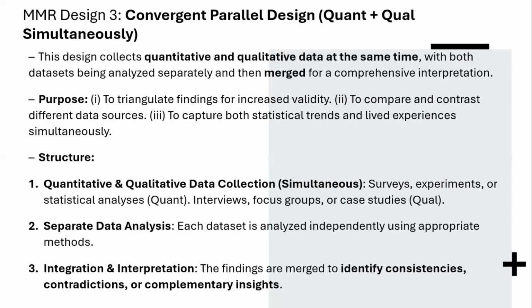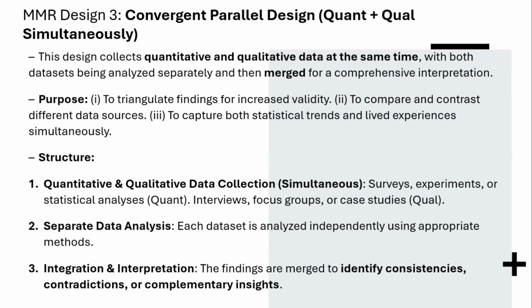So in the parallel, you are collecting them together. It doesn't mean that when you collect one before the other, it's no more parallel. No. When you collect one before the other and you didn't analyze, so the second data collection wasn't informed by the findings of the first data collection, that is still convergent parallel.